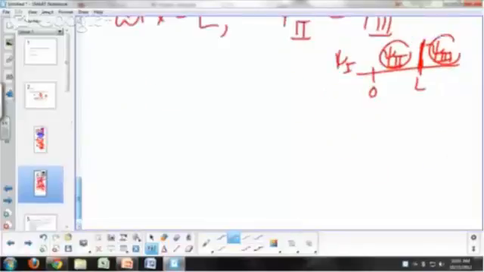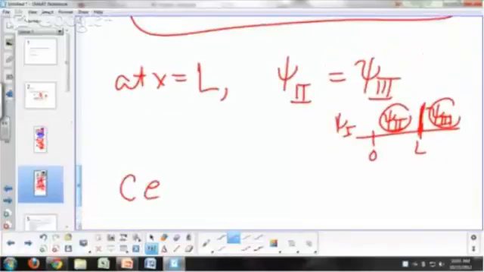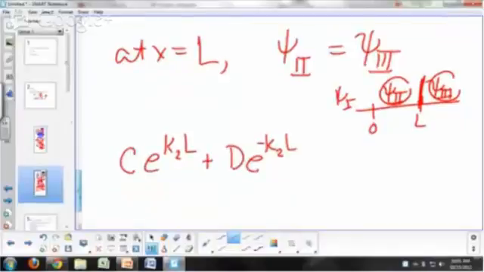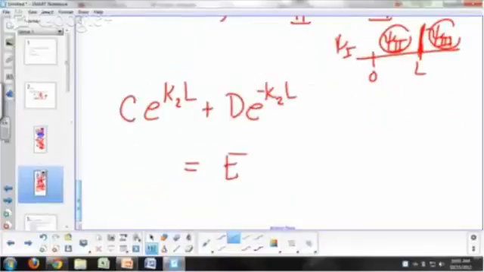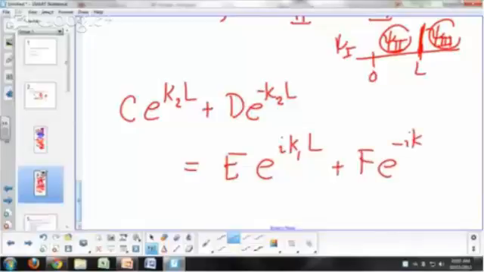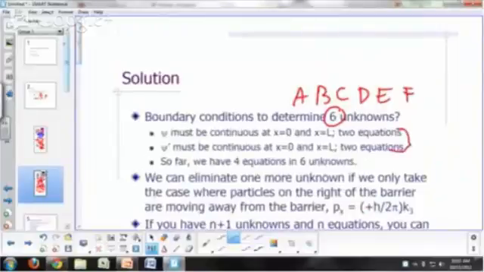So what is psi 2 at x equals L? c e to the k2 L plus d e to the negative k2 L must be equal to e times e to the i k3 L, but k3 and k1 are the same, so let's just call that k1 L, plus f e to the negative i k1 L. So for your homework, do the fourth one, which would be continuity of the first derivative at x equals L.